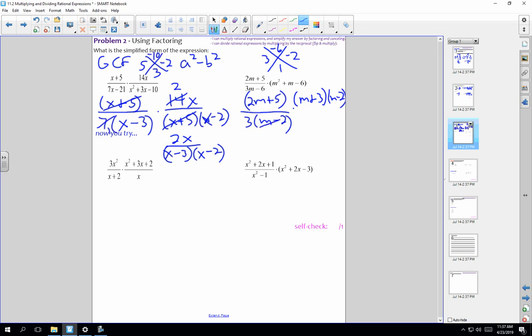And then the m minus 2's match. So my final solution is (2m plus 5)(m plus 3) all over 3. You can go ahead and pause the video, try the practice problems. I'll go ahead and put up the solutions.